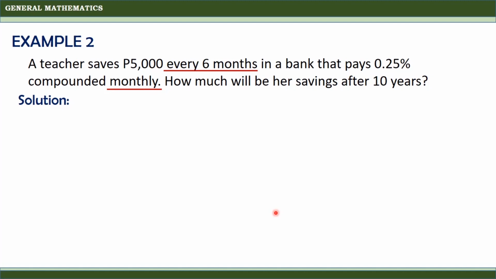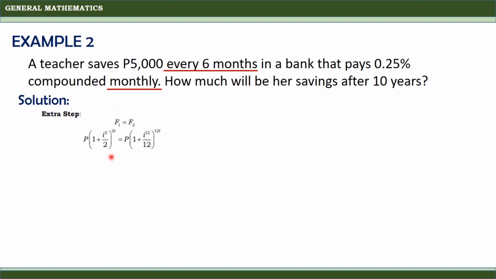So before we proceed in using the formula, we need to convert first the interest into its equivalent rate per payment interval. To do that, let us again use the formula f sub 1 equals f sub 2. By substitution, on the left side will be the payment interval and on the right side will be the interest rate.